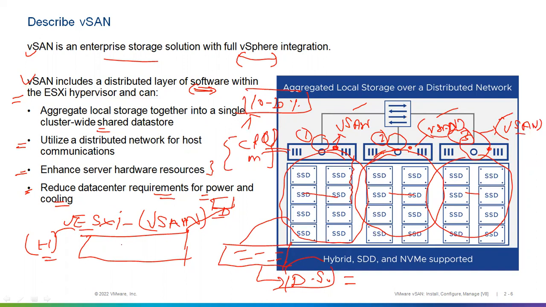Instead of having a number of other storage devices, storage switches, and storage boxes, it is being taken care of by a single host. If I am replacing multiple hosts and multiple physical devices with a single device, it's reducing the logistics, the power requirement, the boxes, and the administration.